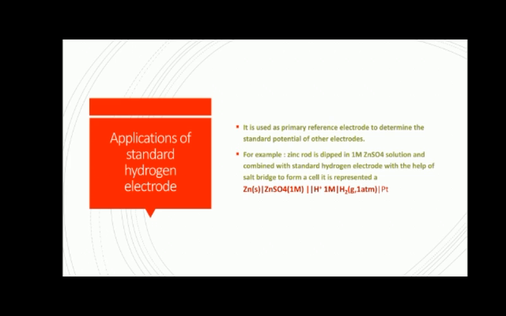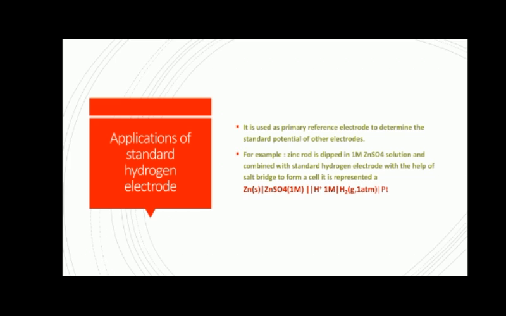For example, a zinc rod is dipped in 1 molar zinc sulfate solution and combined with the standard hydrogen electrode with the help of a salt bridge to form a cell, and it is represented like this.